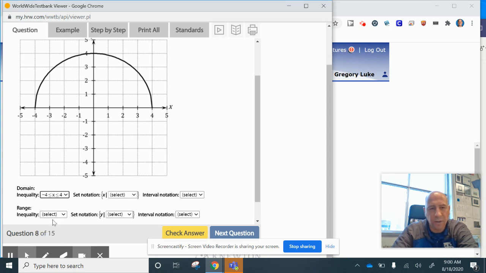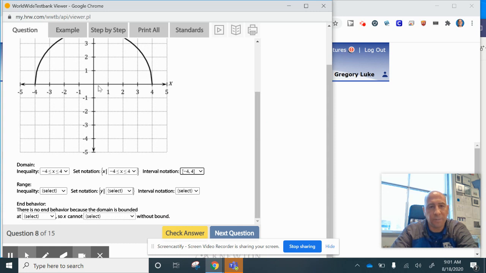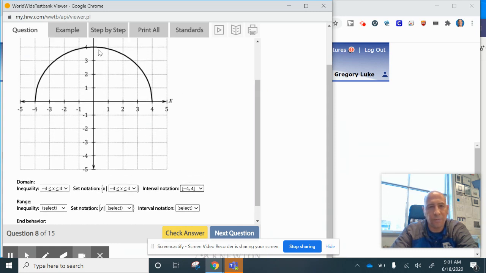You want to make sure this is never correct. It's always this direction. And so it's x between -4 and 4 and including -4 and 4. Set notation is the same thing. All right, interval notation, it doesn't have a dot, but it doesn't have an open circle, so we assume it's bracket. So bracket -4 to 4. Now range is bottom to top, so you can see it starts at 0, including 0, and it goes to 4.